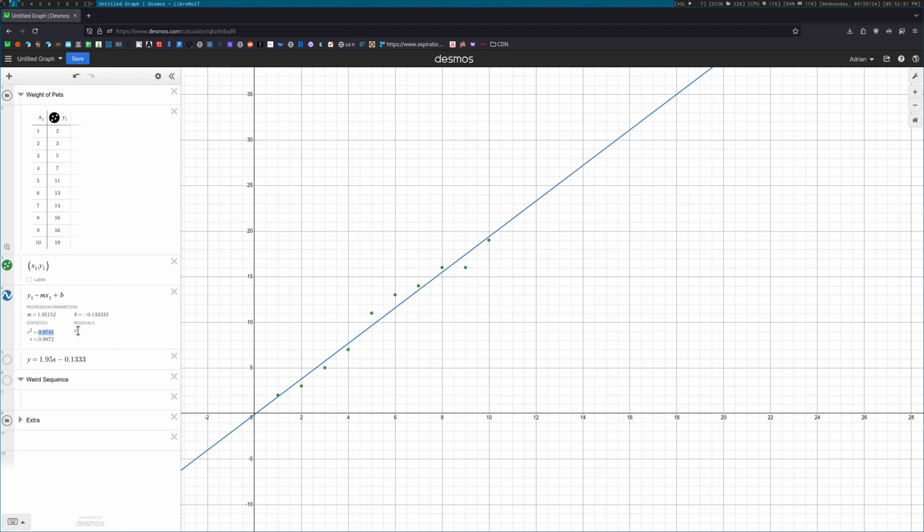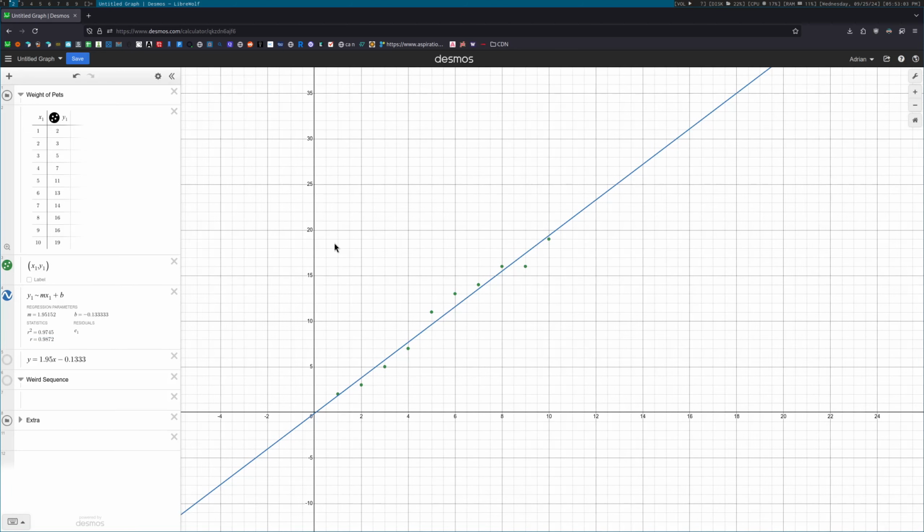The closer to 1 it is, the better. Okay, in our next one here, we have r is equal to 0.9872, and this is just the correlation coefficient. It means how well it can predict positive or negative trends, or how closely they align. So if it's r equals 1, it's going to be like this, y equals x.